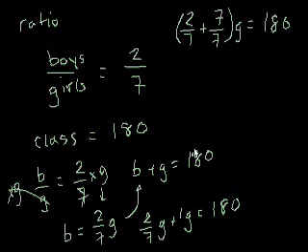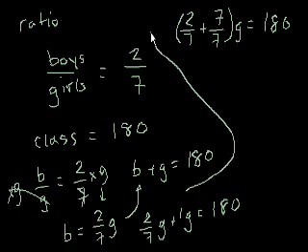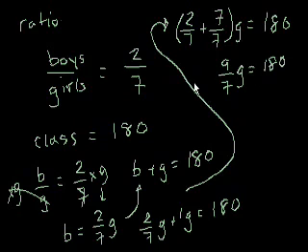And I'm jumping around on the chalkboard on purpose to intentionally confuse you. So let me, okay, this is where I am. So 2/7 plus 7/7 g equals 180. So we have 9/7 g is equal to 180. And then we just multiply both sides times the reciprocal, times 7 over 9.